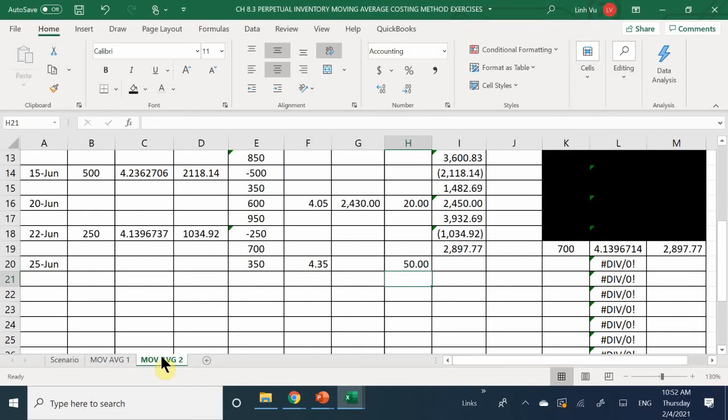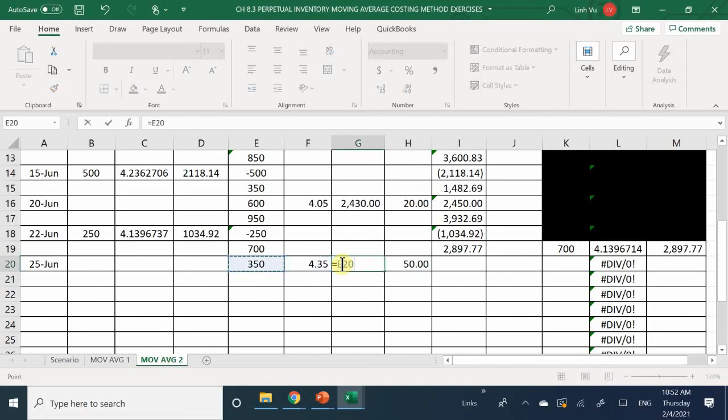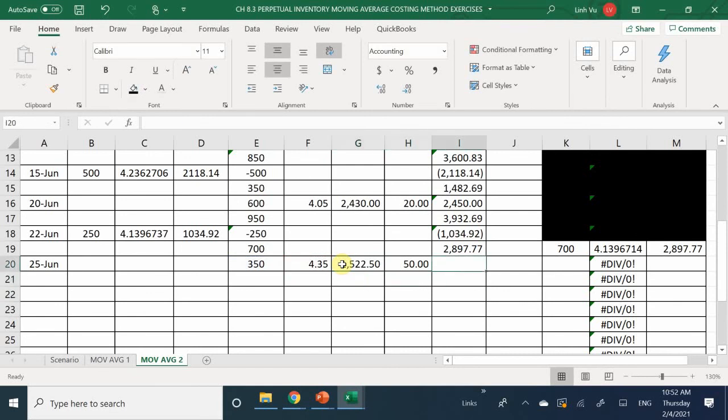So what is my purchase price here? 1532. Good.